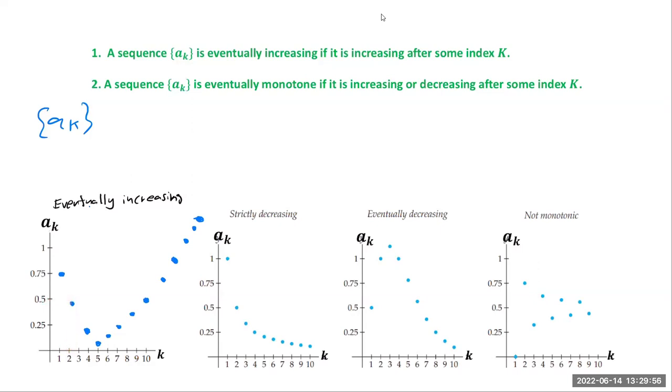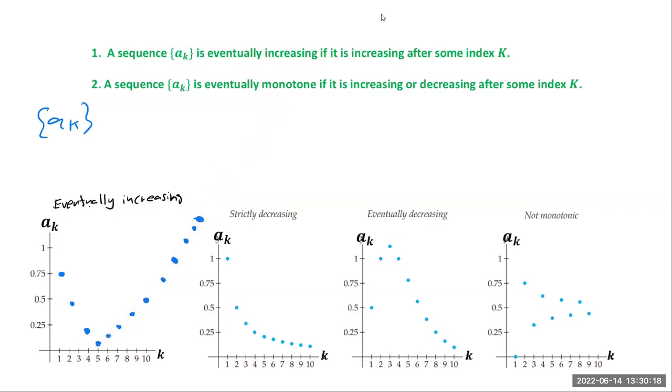As you can see, if you look at this graph, initially your a_k values are decreasing, right? They are going down as k is getting bigger and bigger. But at the end of the day, when k is getting larger and larger, your a_k value is going up. It is constantly going up.